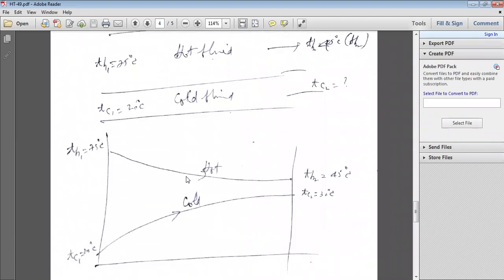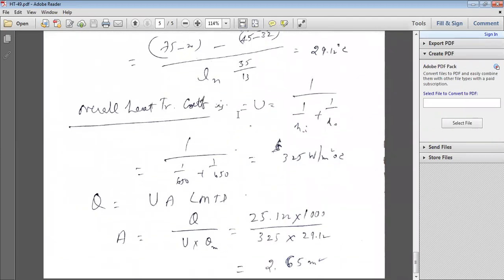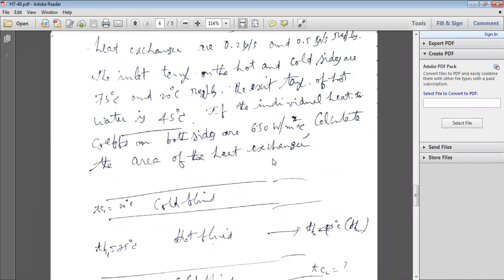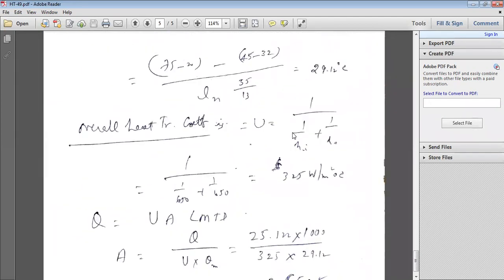By neglecting conduction heat transfer, the overall heat transfer coefficient is 1 by U equals 1 by HI plus 1 by HO. With HI equal to 650 and HO equal to 650, that is 1 by 650 plus 1 by 650, which is 2 by 650.